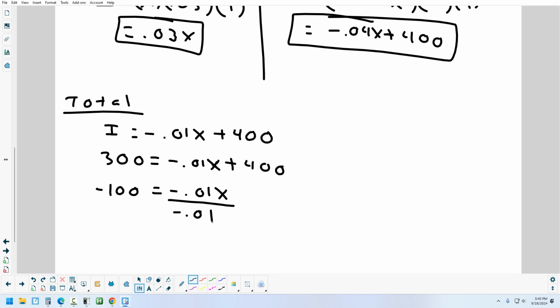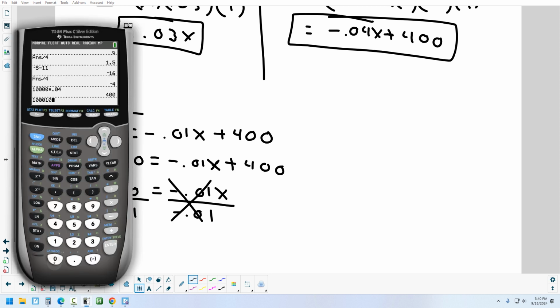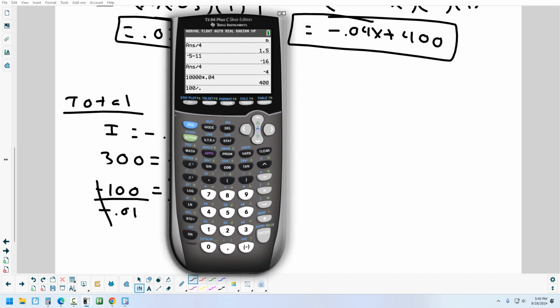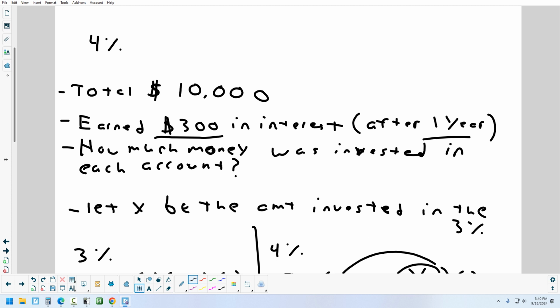The negatives are gone. And 100 divided by 0.01 gives me 10,000.